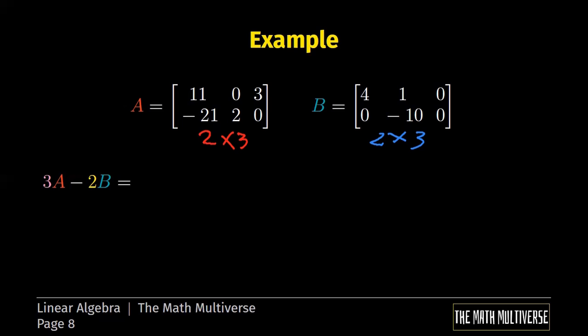Actually, if you think it's more clear, we can write this new matrix as follows. Maybe you like it more like that. This is the sum between the matrix 3A that we know how to compute plus the matrix minus 2 times B. So now we clearly know how to compute this matrix.